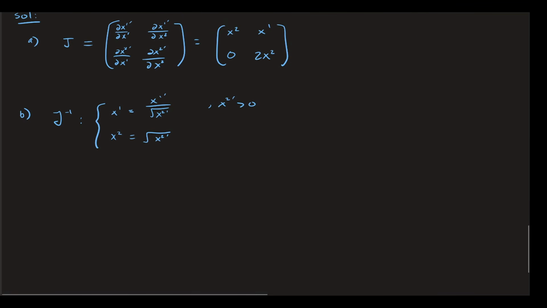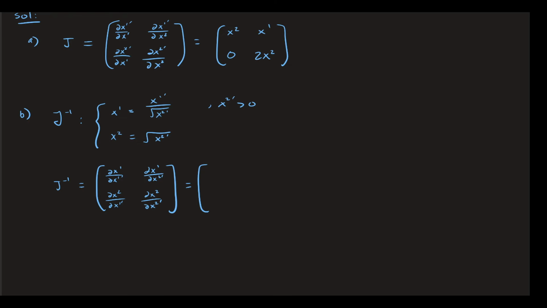And now take the Jacobian of that. So J inverse, B: partial x1 partial x1 prime, partial x1 partial x2 prime, partial x2 partial x1 prime, partial x2 partial x2 prime. Take those derivatives. Partial x1 over partial x1 prime will just be 1 over the square root of x2 prime.